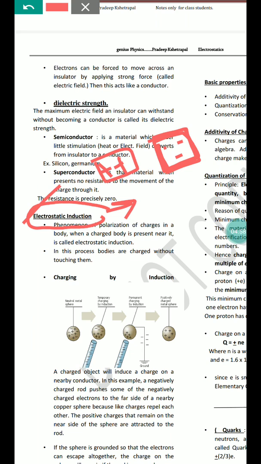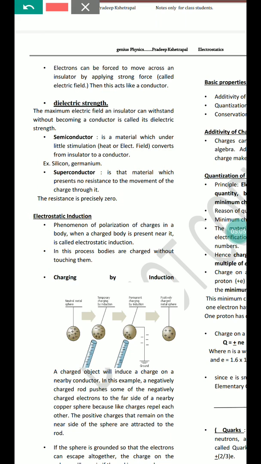Hence, we can say that we produce charge on an uncharged body by placing it near another, without any direct contact between them. Suppose this is the charged body and this is the temporary charge by induction.